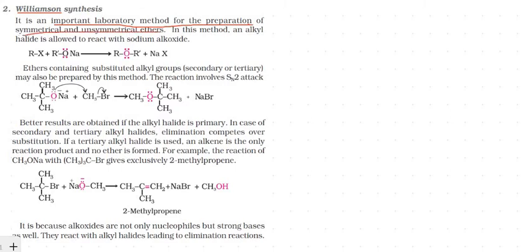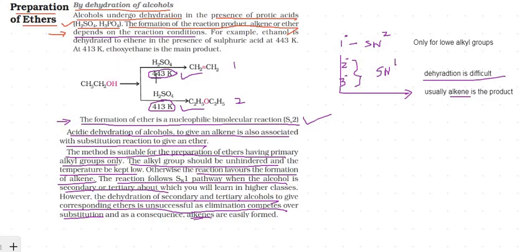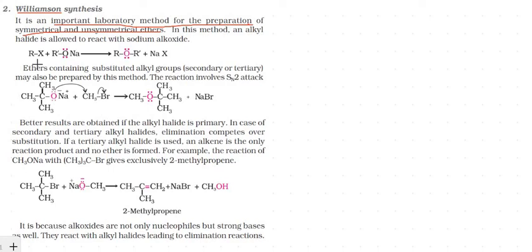So it is a lab scale method, while the previous one is an industrial level method. The common reaction is given as RX plus RONa to give you ROR', it is written. So RX plus R', let this R' be bigger.